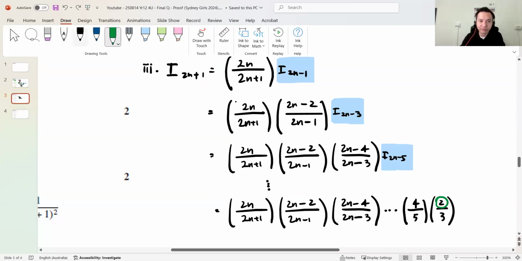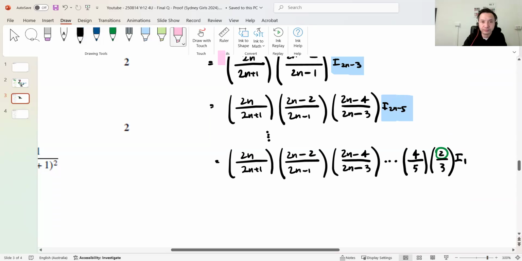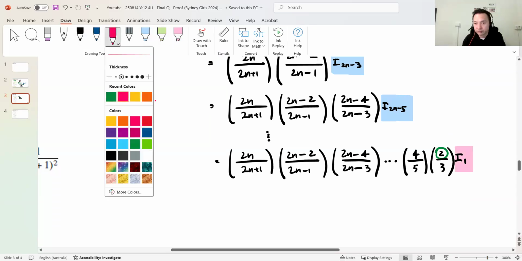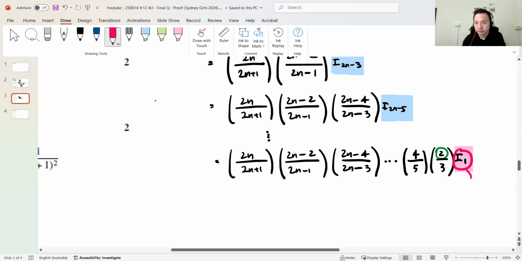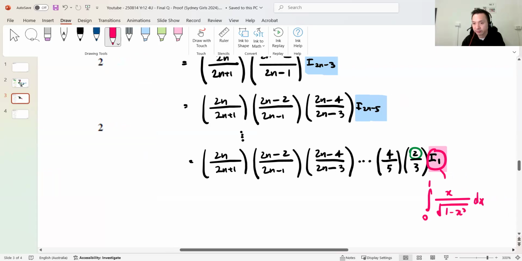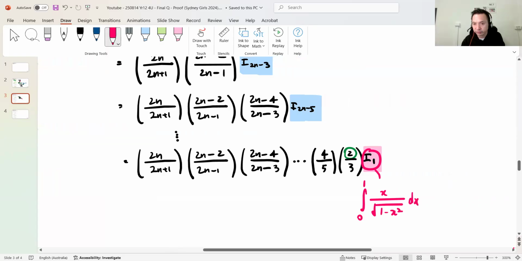So then we have one final I1 to go. I find I1 and then sub it in. Cool. So now let's find I1. I1 is the integral of x to the power of 2n minus 1, so that's x over the square root of 1 minus x squared dx. We can use the reverse chain rule for that.